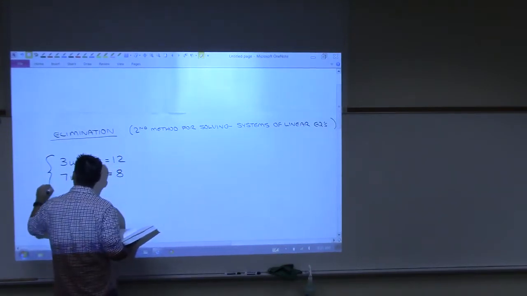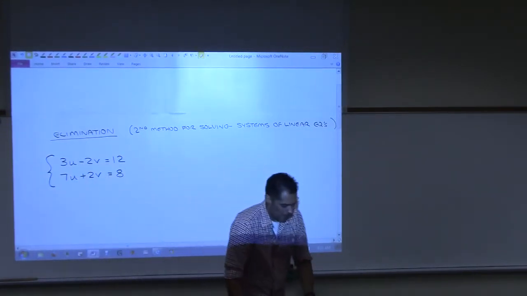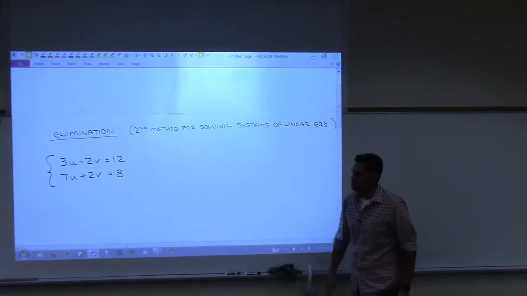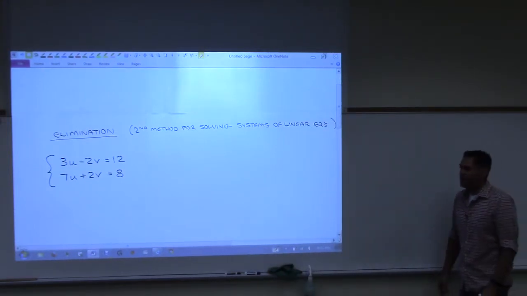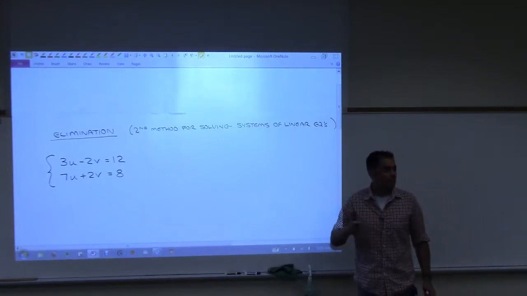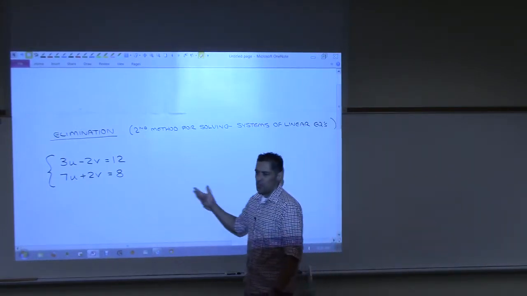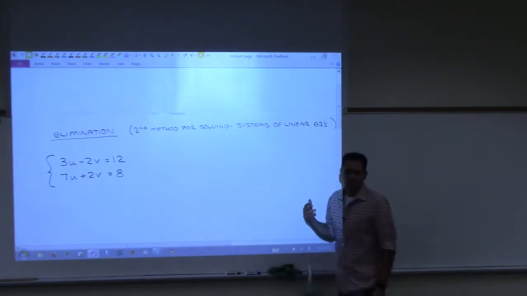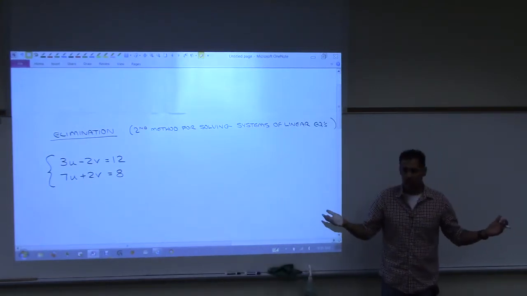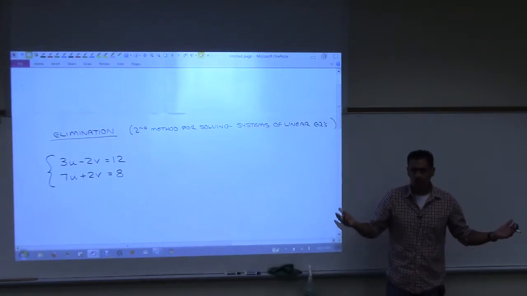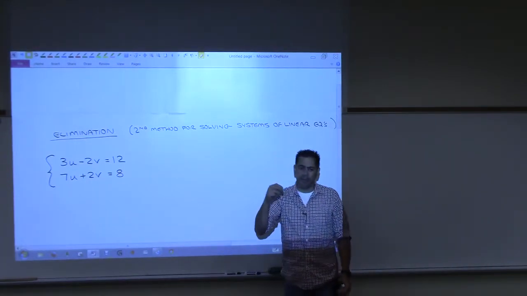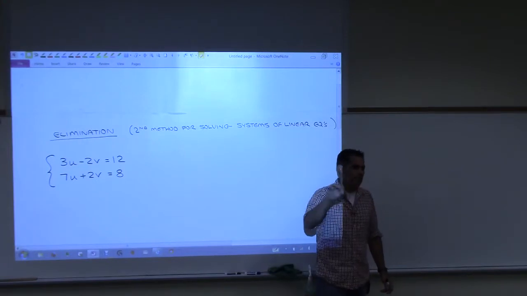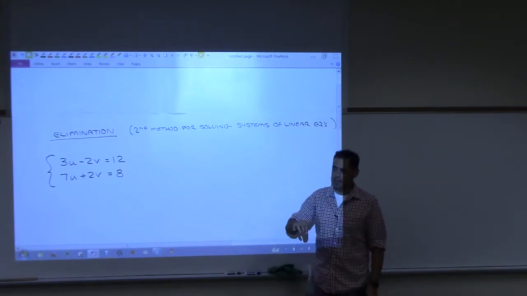And this is our system of equations. Now notice, does anybody notice something different with this system? The two different variables, right? Normally we've been using x and y, but now we're using two arbitrary letters, u and v. What we're trying to find here is a value of u and a value of v which make both of these equations true simultaneously.